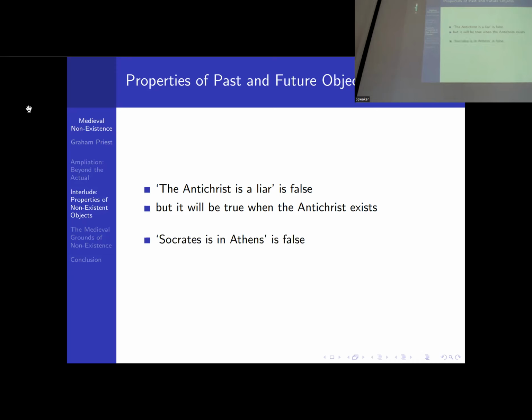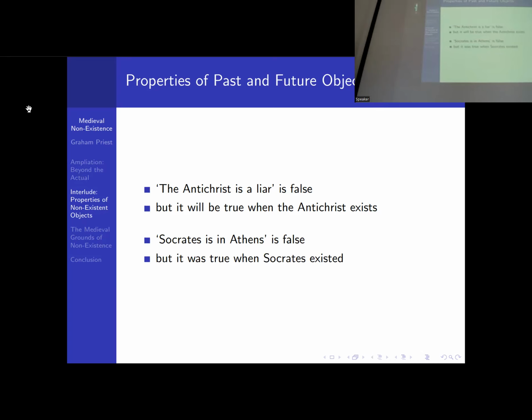Okay? Similarly, for the past, "Socrates is in Athens" is false. I mean, if you go to Athens nowadays, you're not going to find Socrates, right? So when does Socrates have the property of being in Athens? No prizes. In the 4th century BCE? 5th century? 5th century, isn't it? Anyway, whichever it was. If you go back to the time when Socrates existed, then "Socrates is in Athens" is true then.